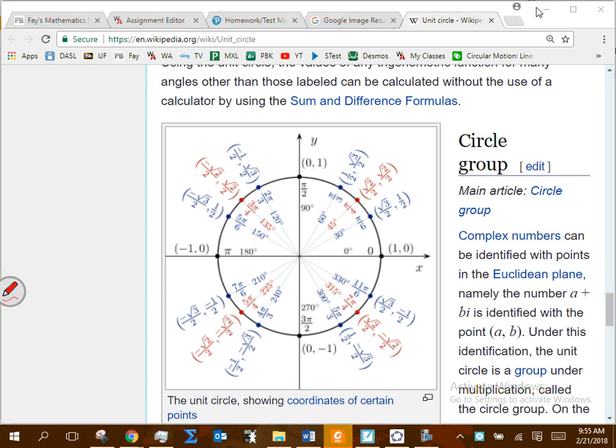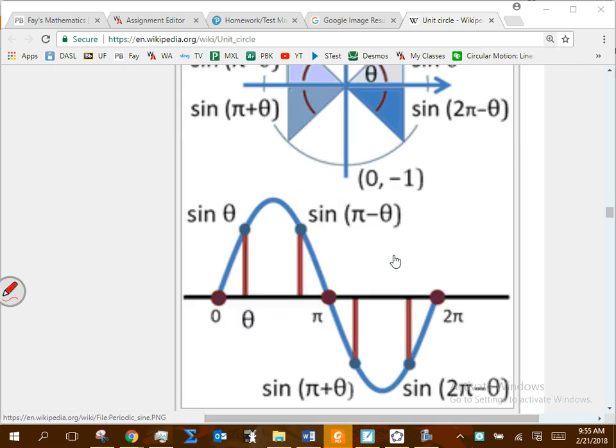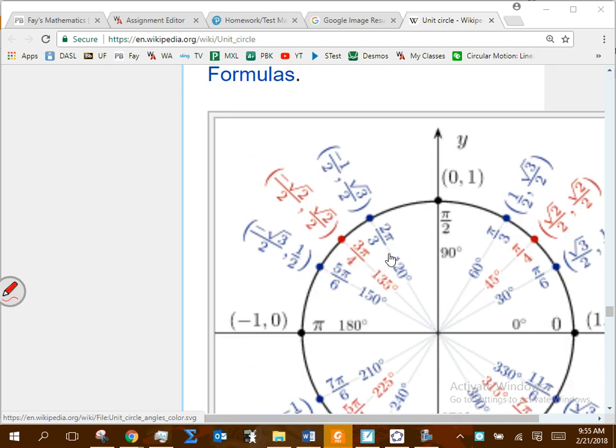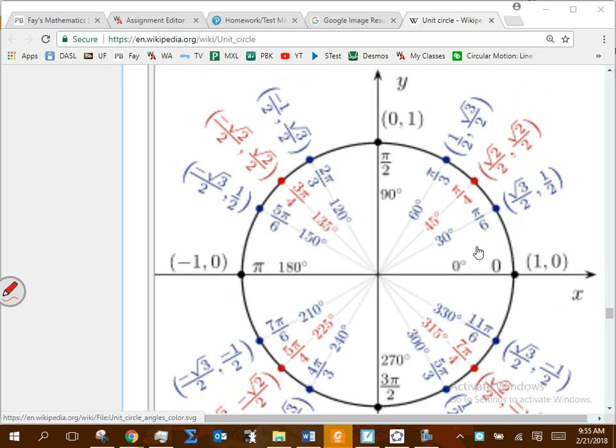We're going to investigate and try to decipher why maybe these ordered pairs are radical 3 over 2 and 1/2, radical 2 over 2 and radical 2 over 2. And hopefully maybe those are values that you have seen in the past from chapter 5. Those values kind of popped up, right? We've seen 1/2 a lot.